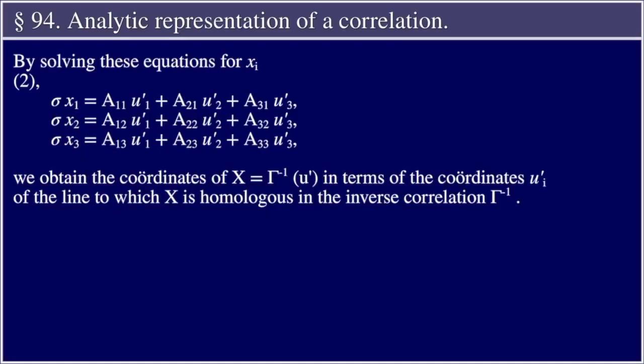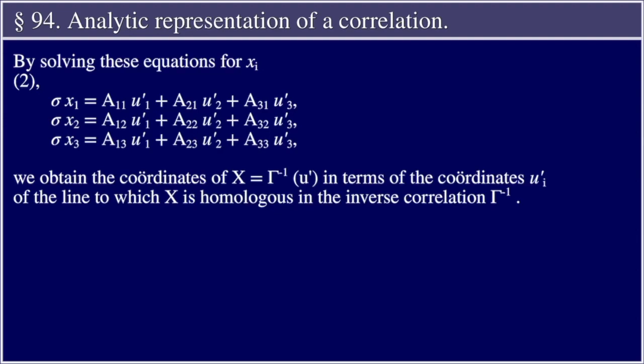By solving these equations for x_i, equations 2: sigma x1 equals a11 u1' plus a21 u2' plus a31 u3'. Sigma x2 equals a12 u1' plus a22 u2' plus a32 u3'.